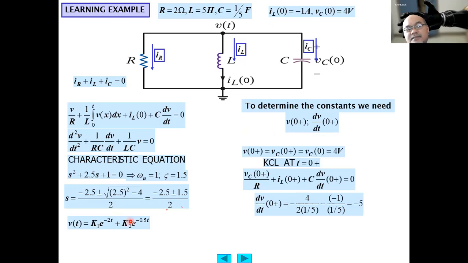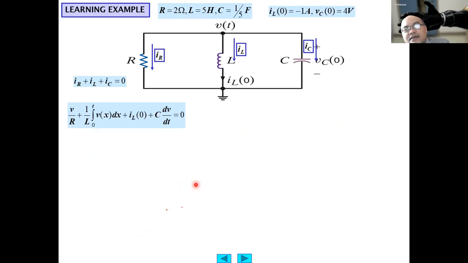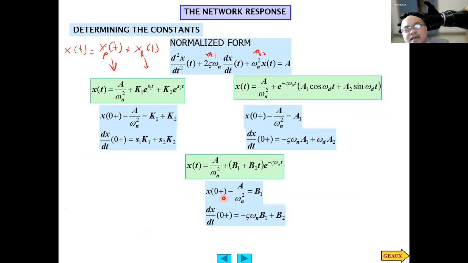Since this is case 1, overdamped, remember from the previous slide this is the solution. We can calculate K1 and K2 from this.